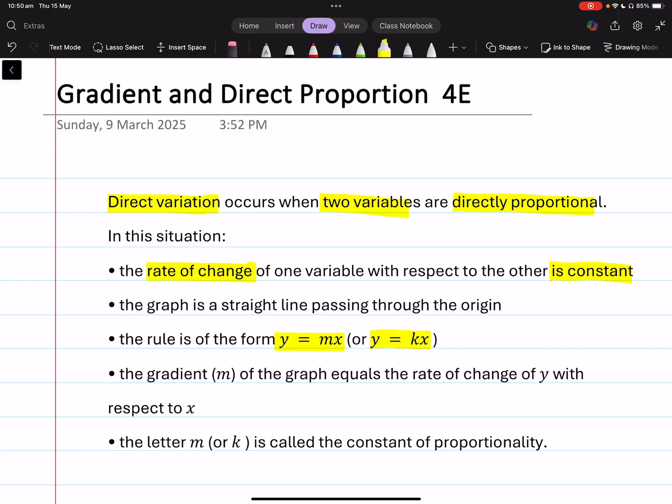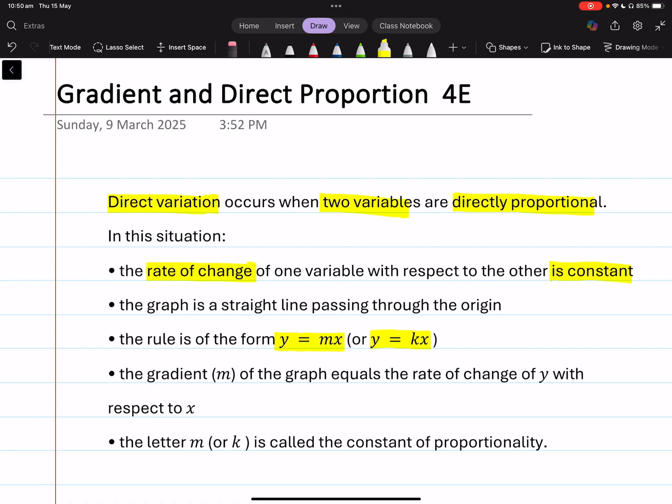We know the rule. We've been using the rule. You can use either y equals mx or y equals kx. And the gradient of the graph is equal to that rate of change. I'll show that on the graph below, but just quickly first, that last dot point, the letter m or k is called the constant of proportionality. Big word, but we sometimes refer to that as a constant of proportionality.